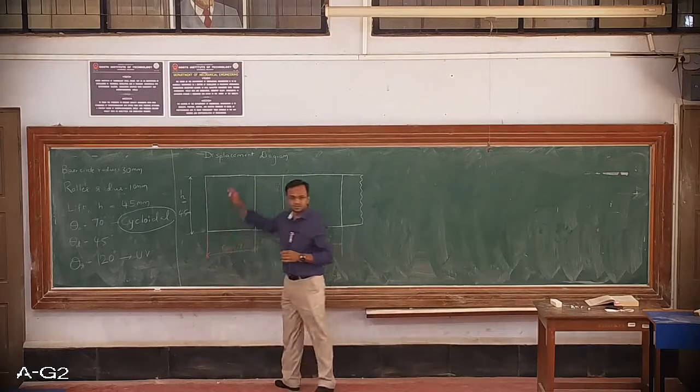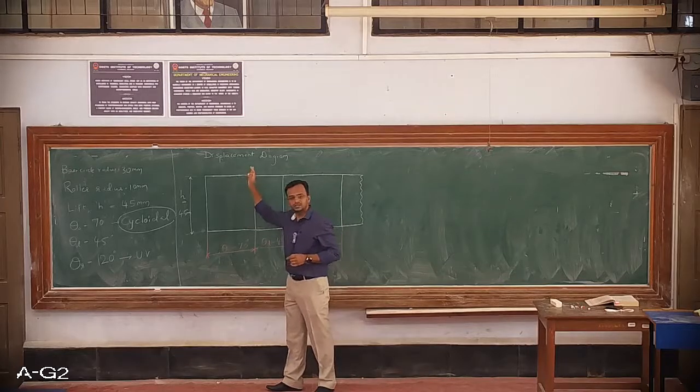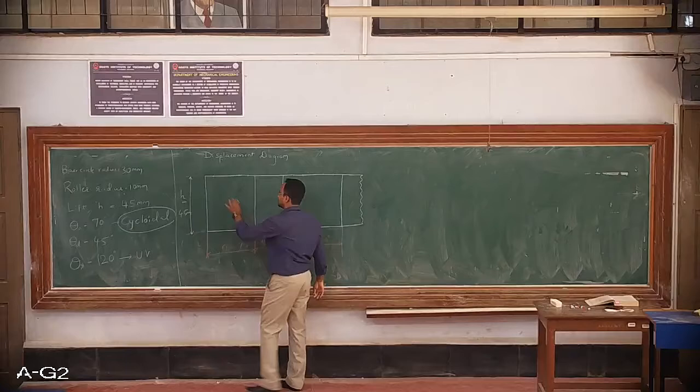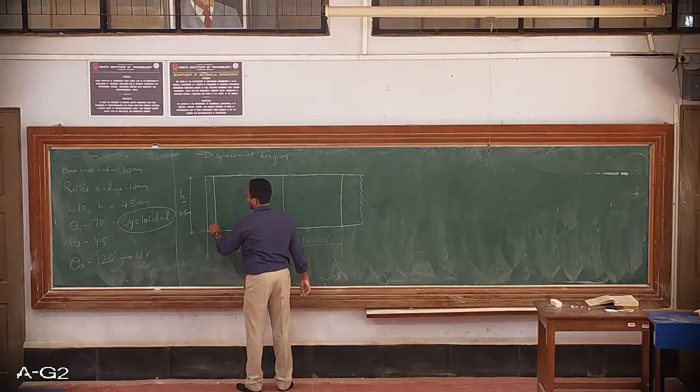Remember, these are only construction lines. While you are drawing in your book, you are supposed to draw them with thin lines, but for visibility purposes, I am going to draw them a little bit dark.